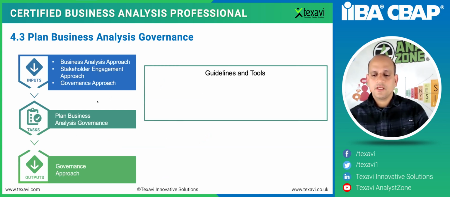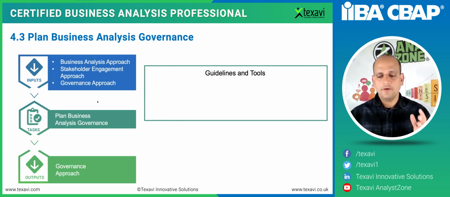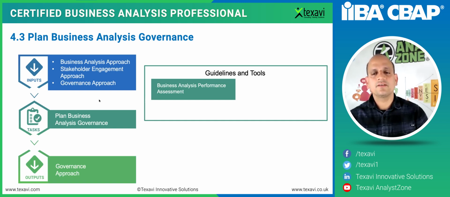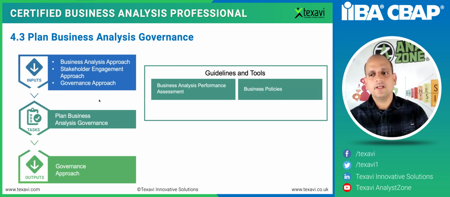So we just need to keep that in consideration. There are a few things that need to be clearly mentioned. The business analysis performance assessment. These are the guidelines and tools that we need to consider: the measures, the metrics, and the various critical success factors, the policies, procedures, the rules, the business rules, and the industry-specific rules and regulations, the exceptions.